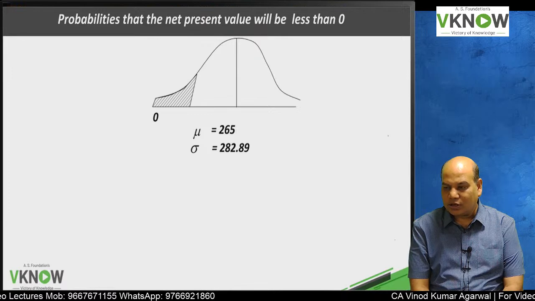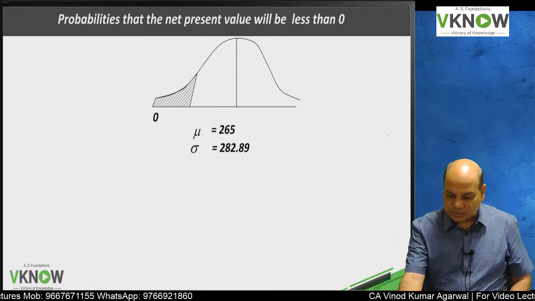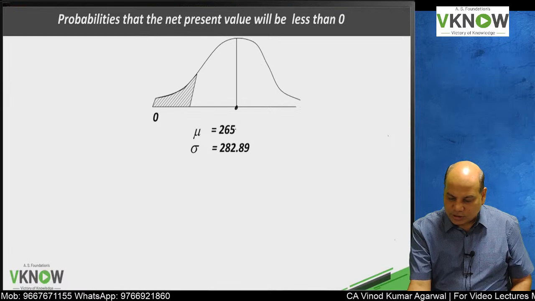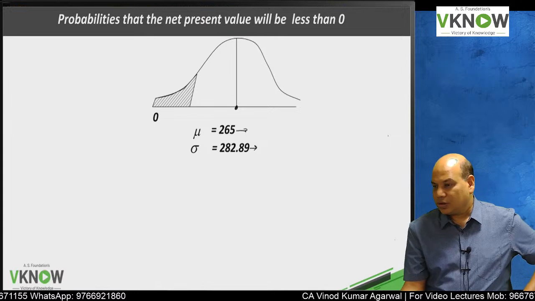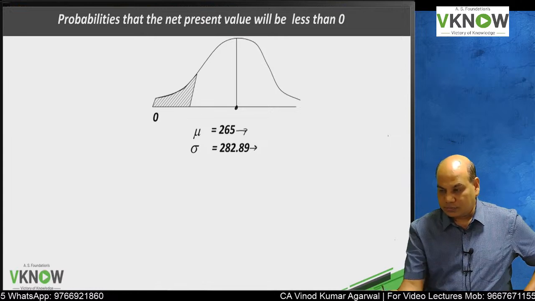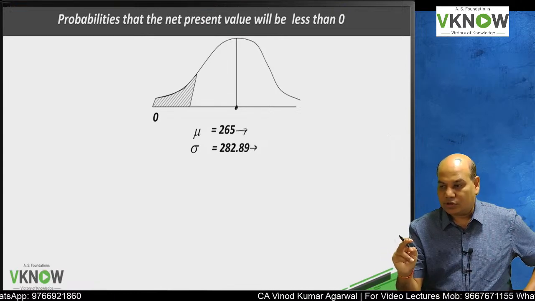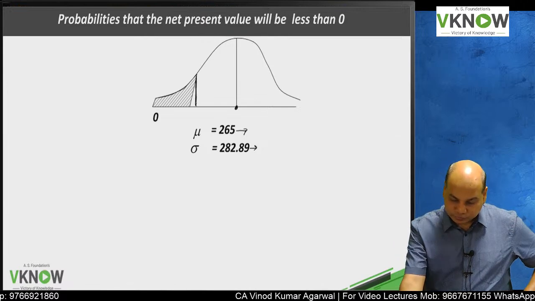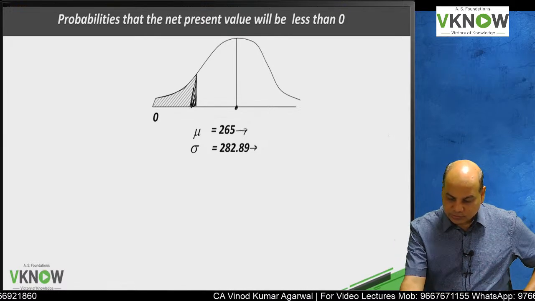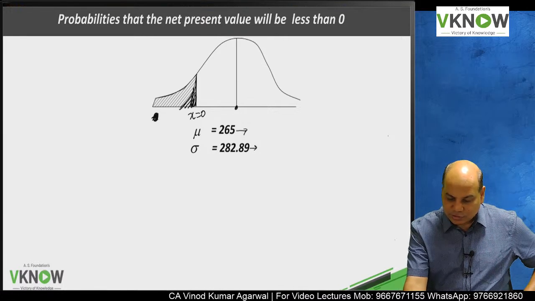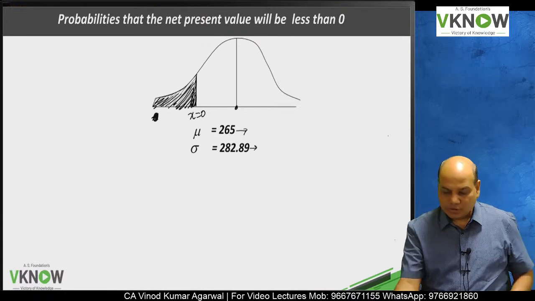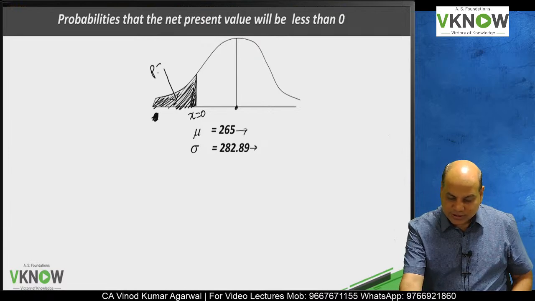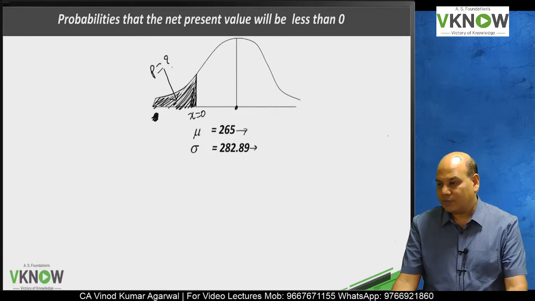In the center, write down mu equal to 265. Standard deviation is 282.89, and you require less than 0. We want the probability of this area.